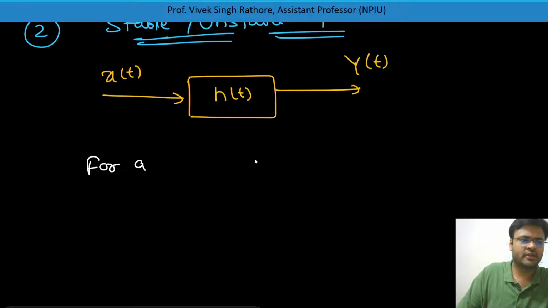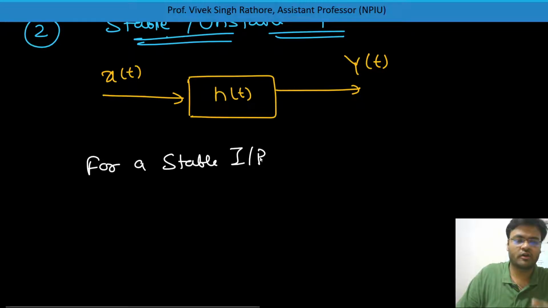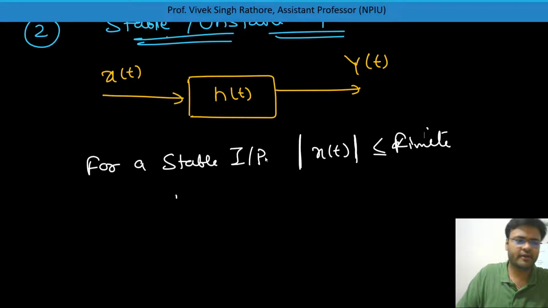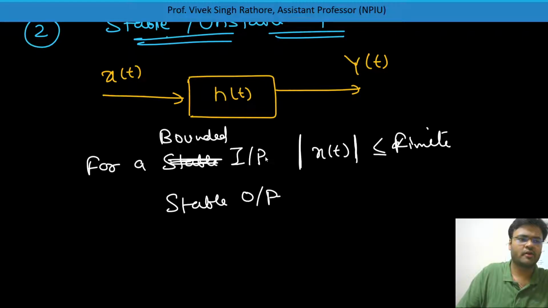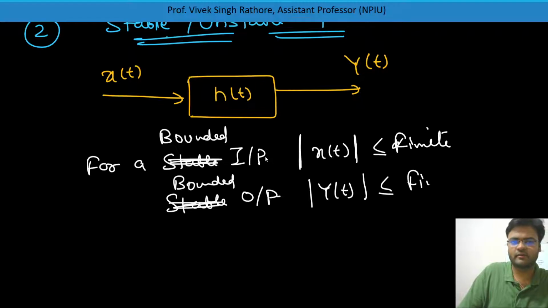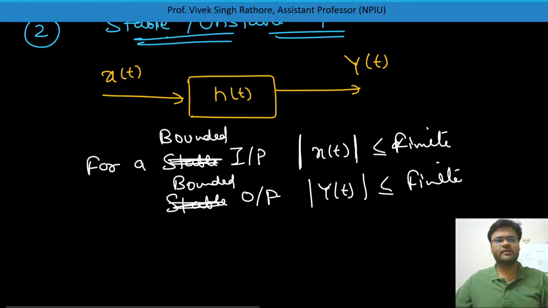For a stable input, meaning the magnitude of x of t is finite, if you are getting a bounded output, meaning y of t is finite, then you say that your system is stable.